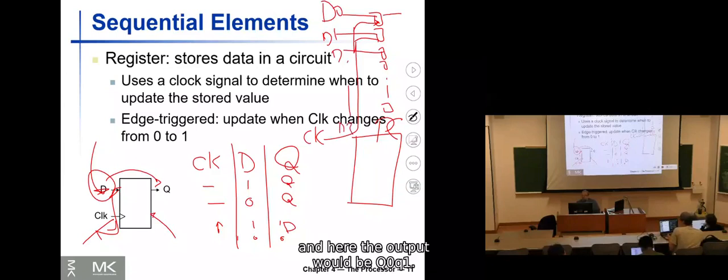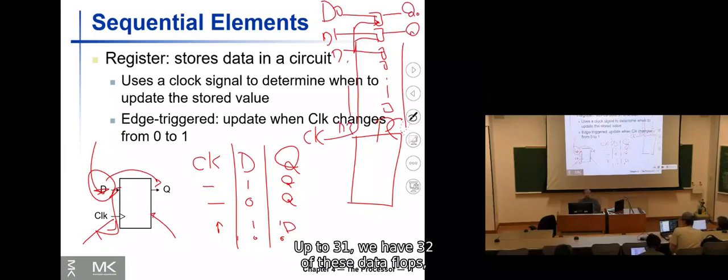And here the output would be Q0, Q1, up to Q31. So we have 32 of these D flip-flops, which will form a 32-bit register for us. For example, this would be a good register for PC. For PC, we use that. So the PC is that, and I will show you later, not now. Okay?